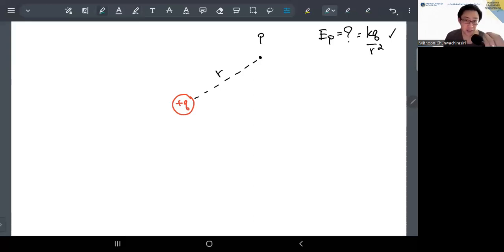Because this positive charge is just like a point charge, it's a dot. It doesn't even have a size. It's a dot in space. So that means the electric field is supposed to come out of this in all directions. You guys with me here?